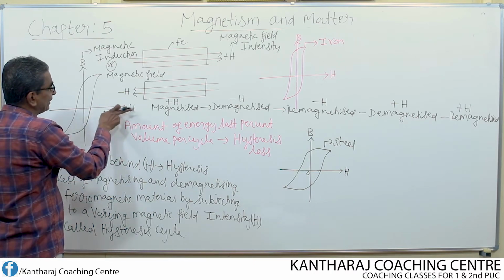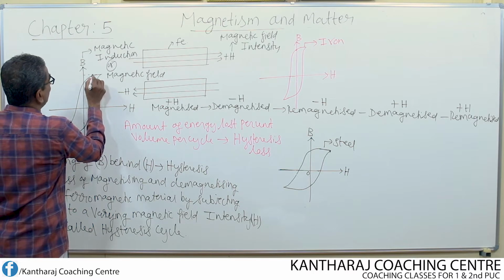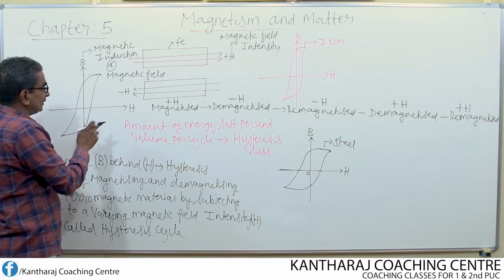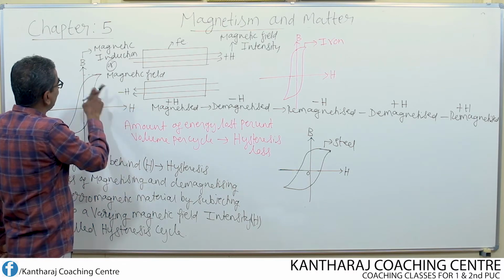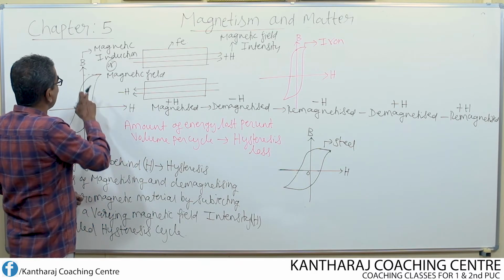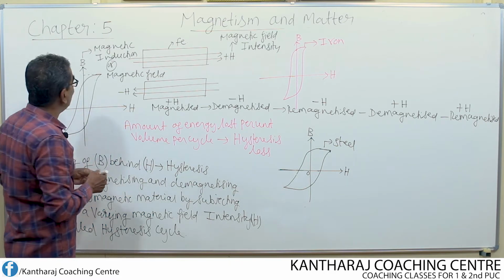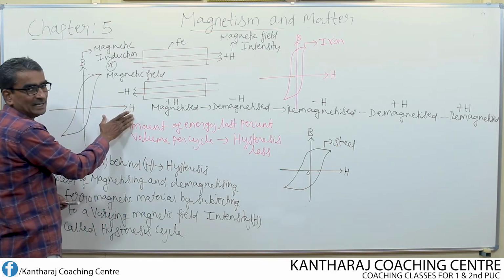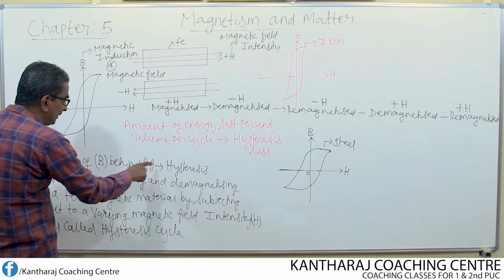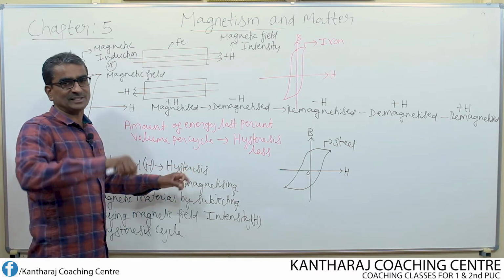Even though we continue to increase H, B is not going to increase; B remains saturated. If H is increased continuously, B also increases up to a certain stage. After that stage, B does not increase even though H increases. That is the meaning of lagging of B behind H, and that lagging of B behind H is known as hysteresis.